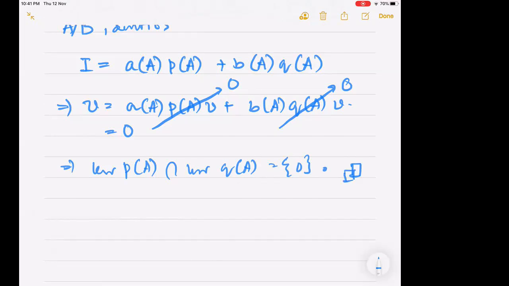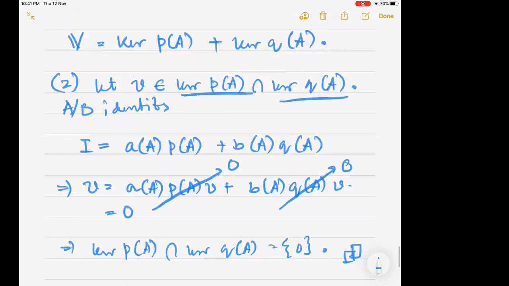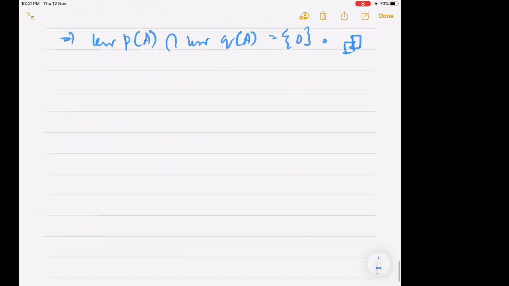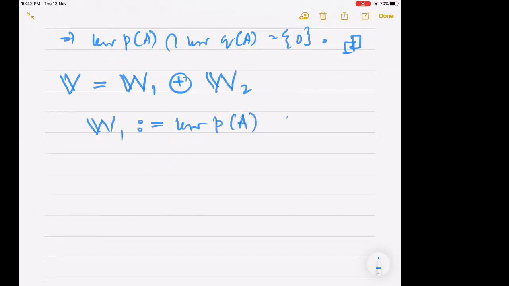So now we already have, via this coprime lemma, a direct sum decomposition into two invariant subspaces, because W1, which has been defined as the kernel of PA, is A invariant. We have seen before that if you take any polynomial in the operator and look at its kernel, it's going to be A invariant. W2, which is defined as the kernel of QA, is also A invariant.